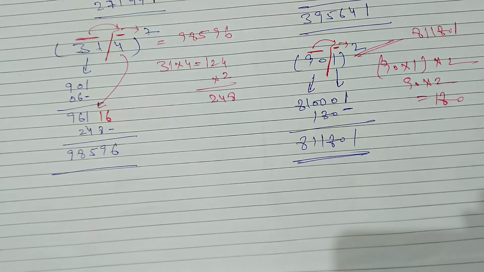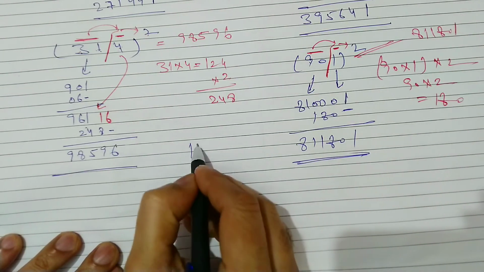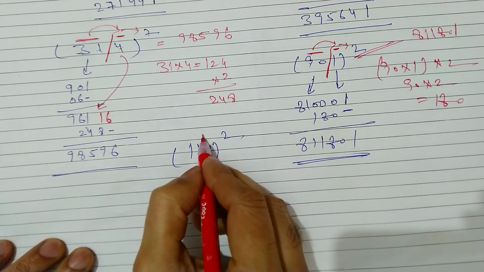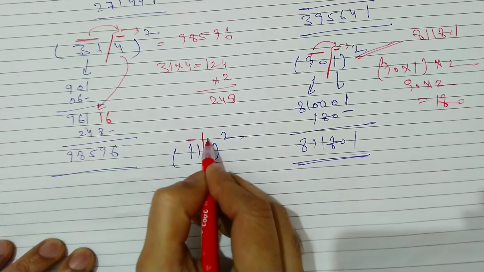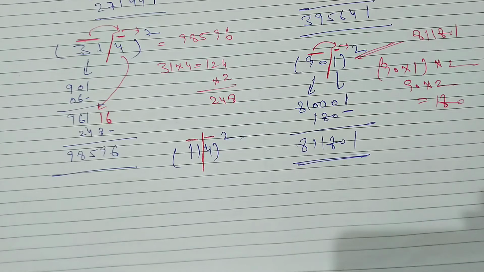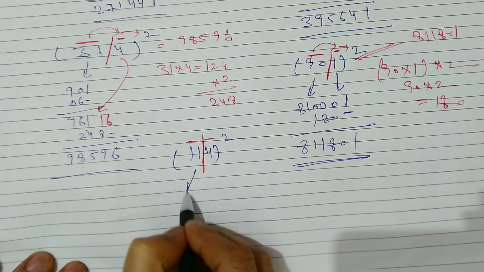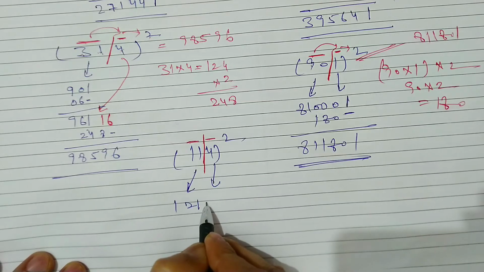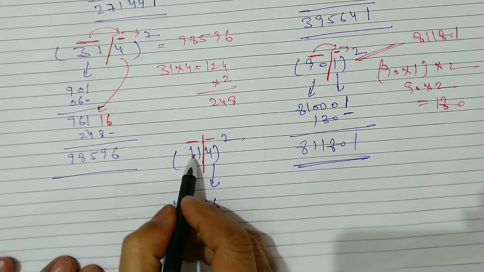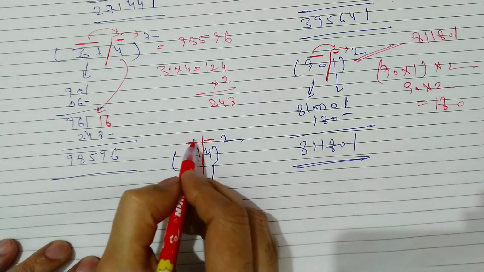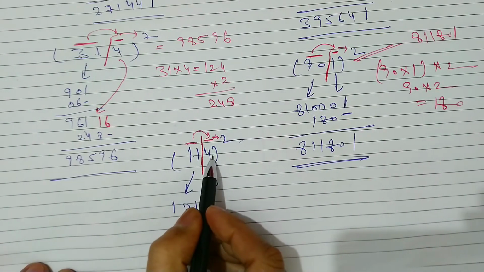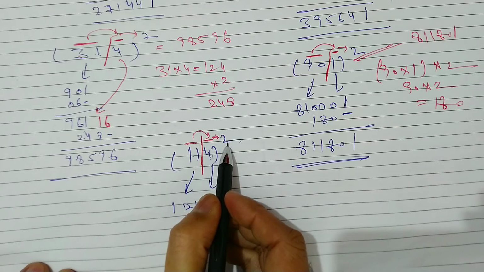Last example. Find the square of 114. Divide the number of digits into two parts. The square of 11 is 121 and the square of 4 is 16. Now 11 into 4 into 2. 11 into 4 is 44. 44 into 2 is 88.